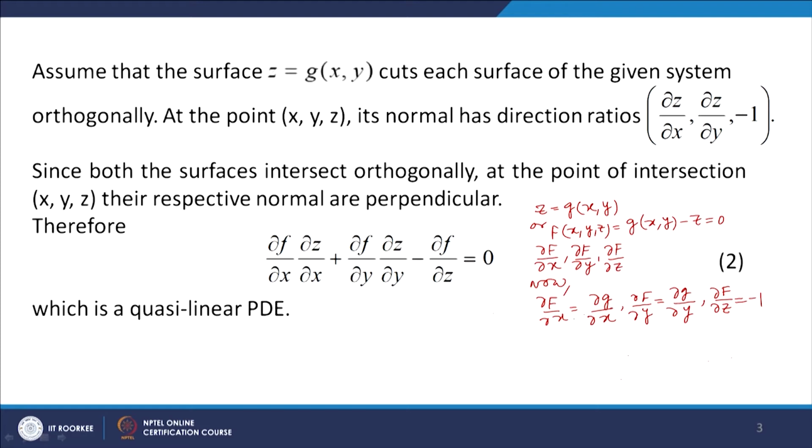Now let us note further that z = g(x, y) gives the partial derivative of z with respect to x as g_x and the partial derivative of z with respect to y as g_y.